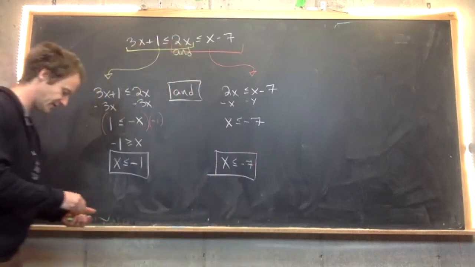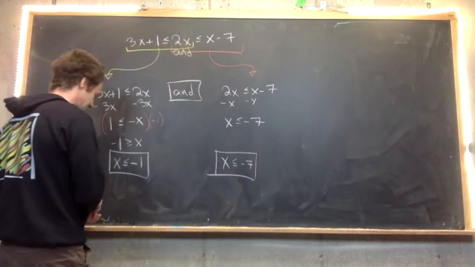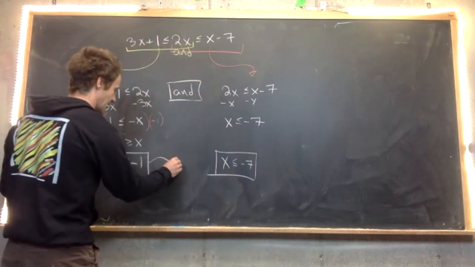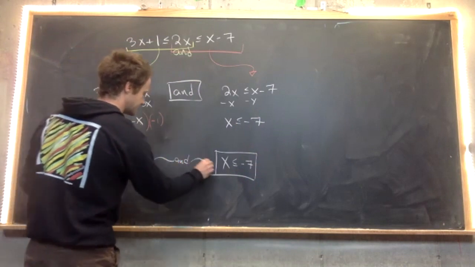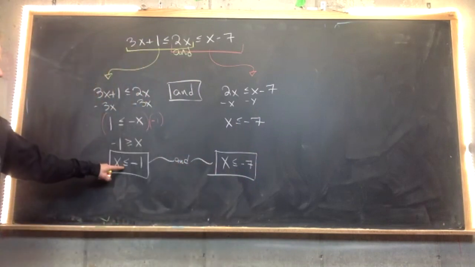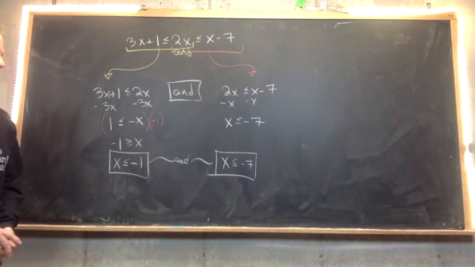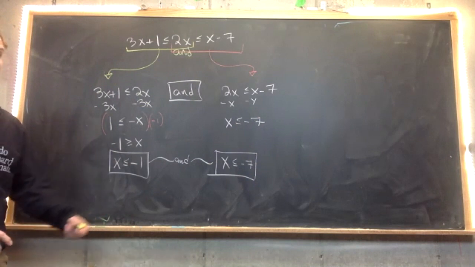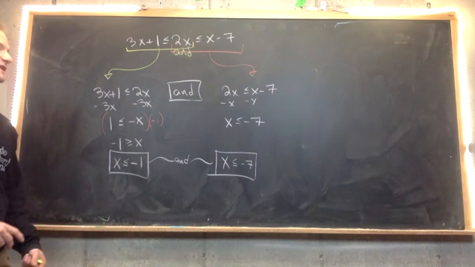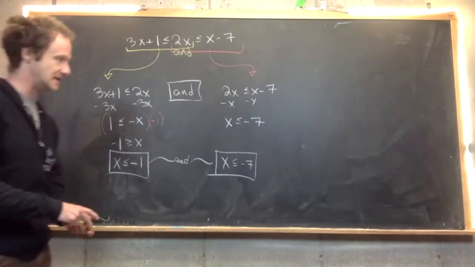So let's see what we've got. We have this and statement that x is less than or equal to negative 1 and it's less than or equal to negative 7. So I'm going to go ahead and go through the graph for this so that we can get a feel for exactly what we need.